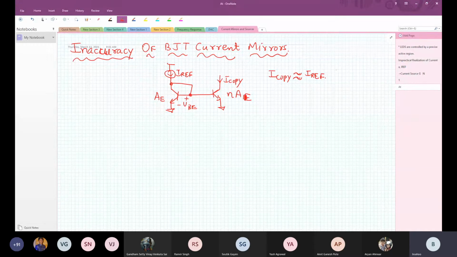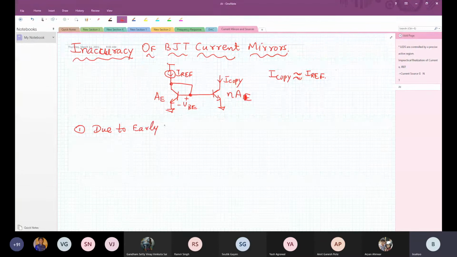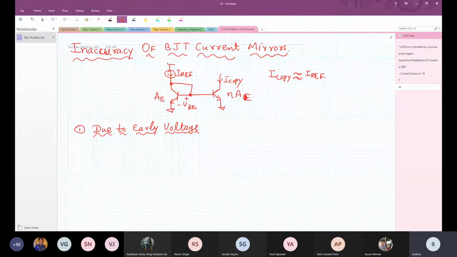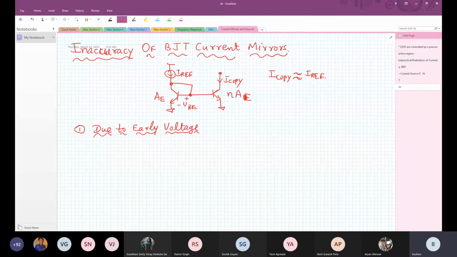So one inaccuracy is due to early voltage. Yesterday I gave you an example when this current source is used as a load in an amplifier. So when this is used as a load, there will be a swing over here, and as soon as there is a swing happening over here, that means the VCE is going to change.